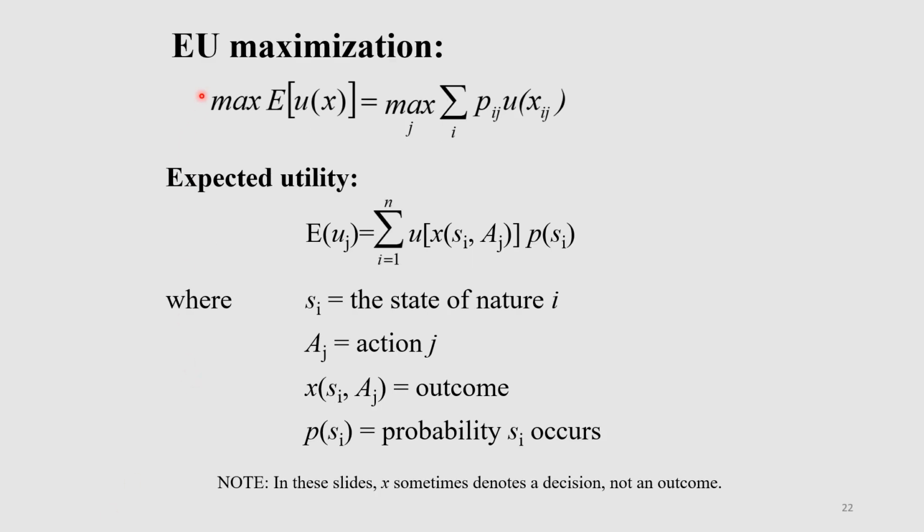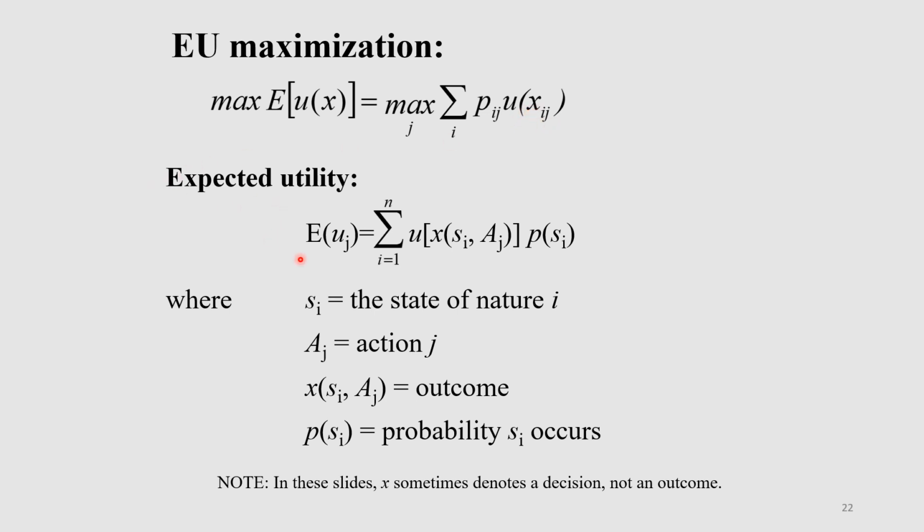So let's look at expected utility maximization. Now we want to maximize the expected utility rather than return. So we're again choosing that J, that activity, that's going to maximize the sum of the probability of Ij times utility of Xij.